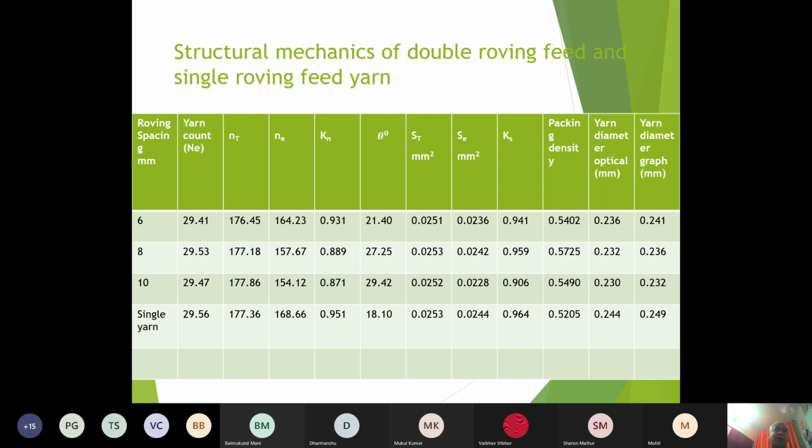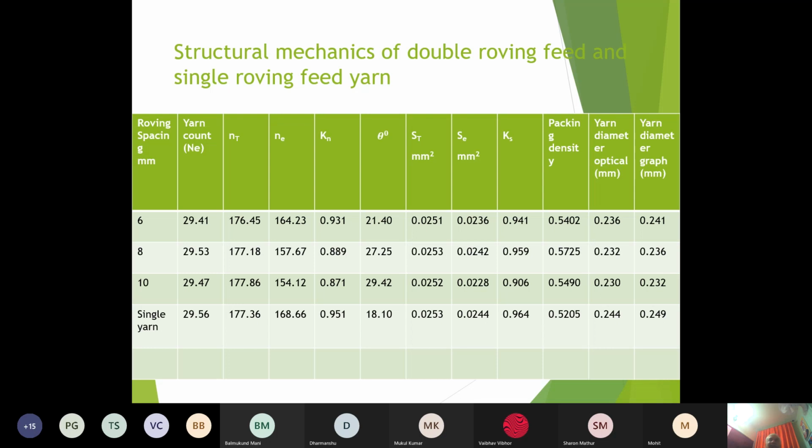So in that case, one additional phenomenon has come into the picture, which is pressing the fibers and increasing the packing density. So the packing density increase is not only due to fibers coming closer, but we have an additional activity during twisting, the converging of two strands, which is absent in case of single roving feed.